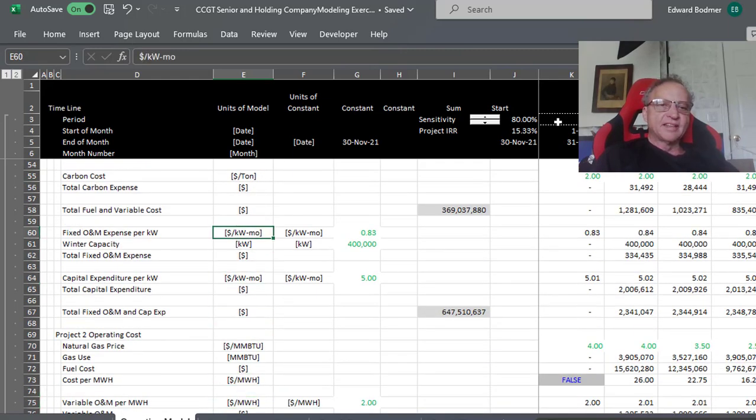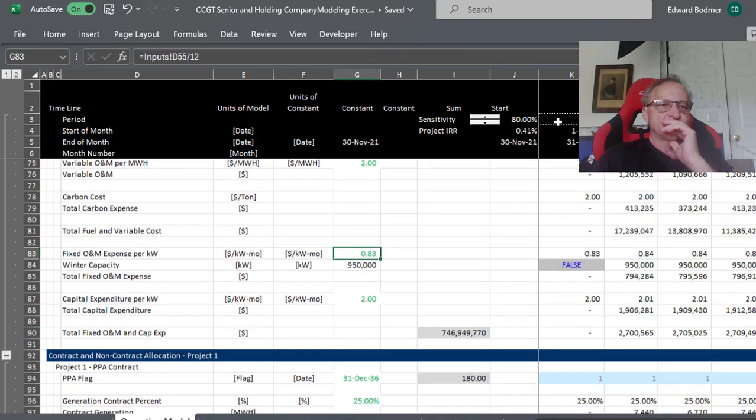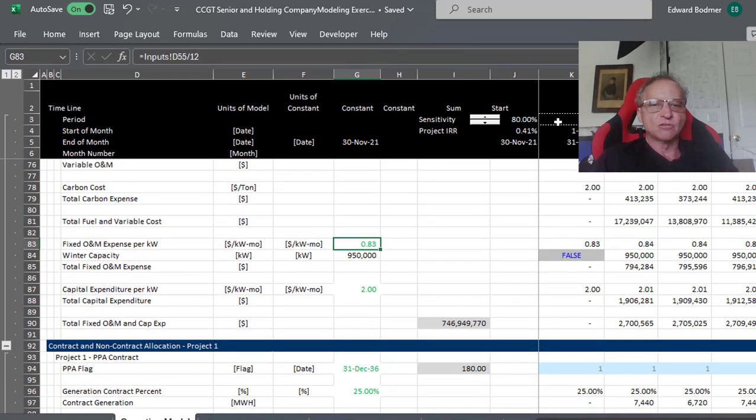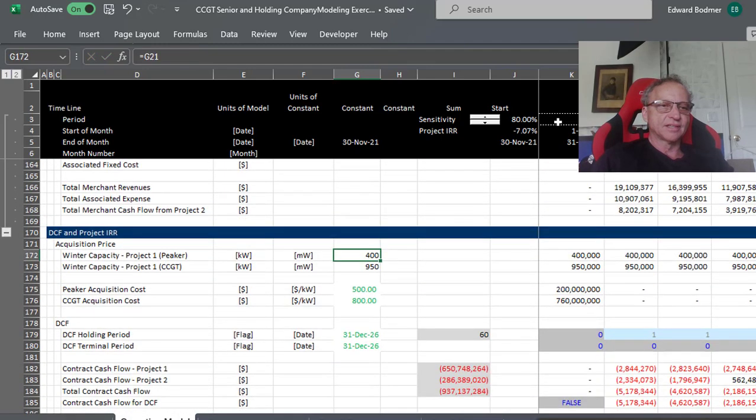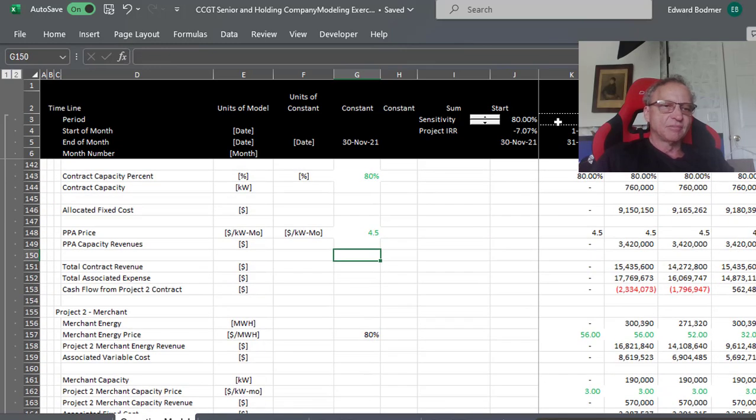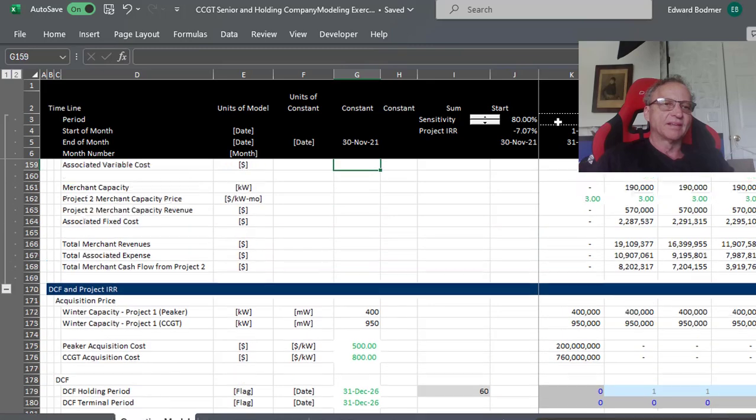Now, with this fixed O&M, I divided this by 12. If I had not divided by 12, because they had the fixed units, for both of these plants, then once you get down to the free cash flow, where do we have the cash flows?